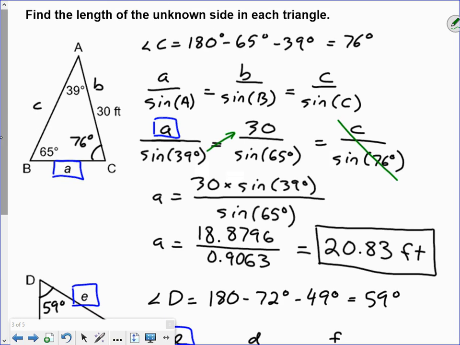But if we're solving for a side, we are going to multiply across the equal sign. And then that's all we have to do, just do that multiplication across, and then evaluate, and that'll give us our final answer.